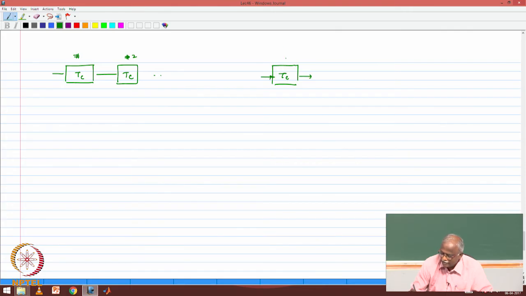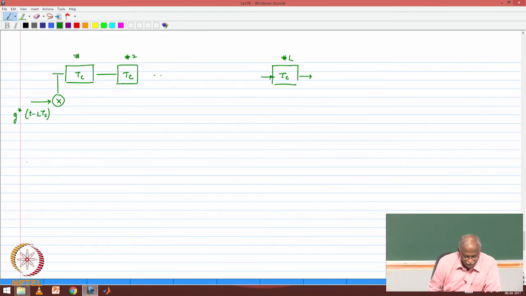No, there is a slightly different structure that is going to ensue. So I take the first tap, multiply it with G star of T minus LTC, followed by an integrator.